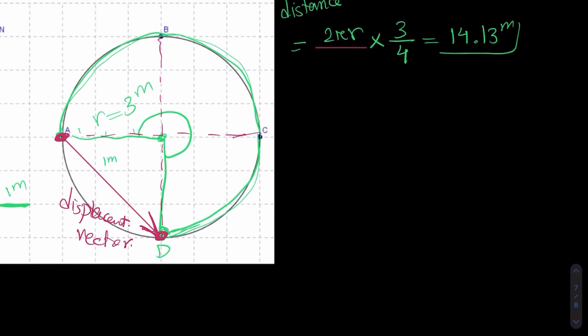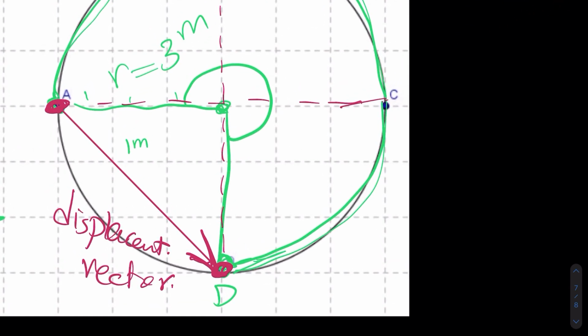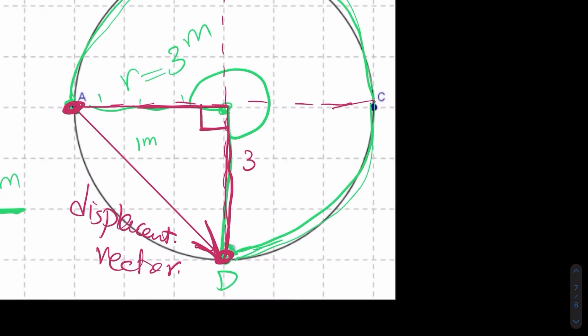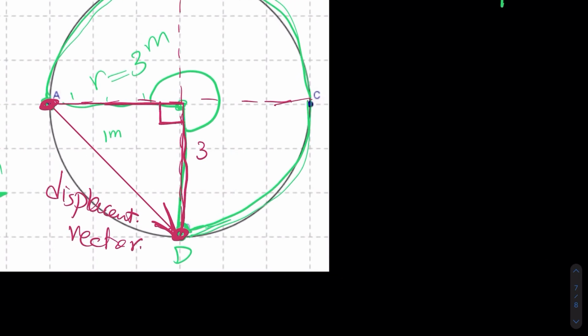So in order to find out the magnitude of the displacement, I will look carefully, zoom into my figure, and I see I am dealing with a right triangle here, because here I know the side is 3 meters, and here also I know the side is 3 meters.